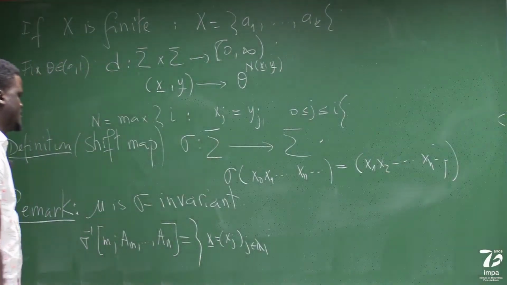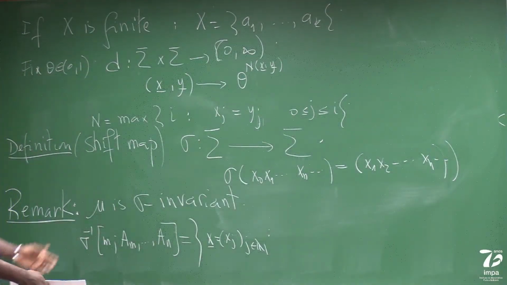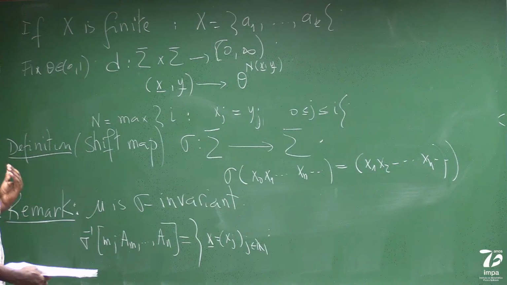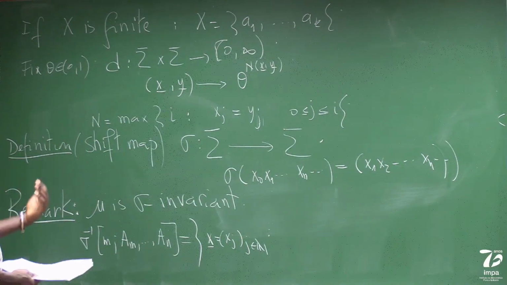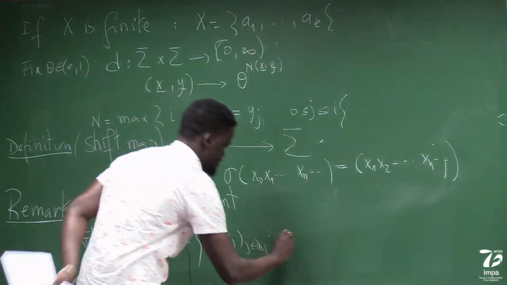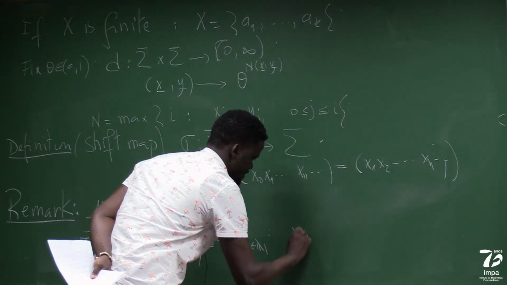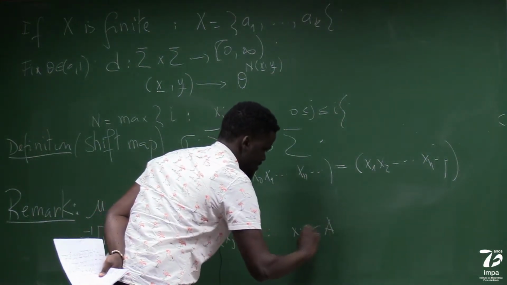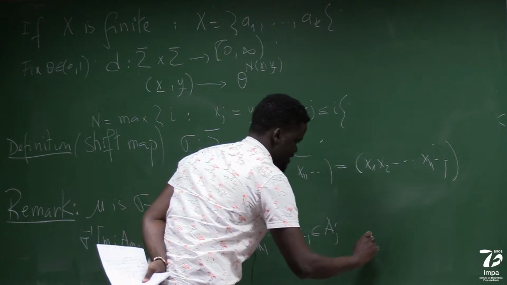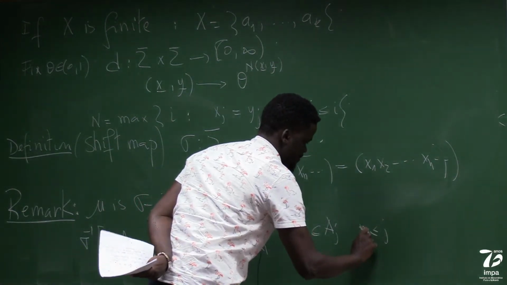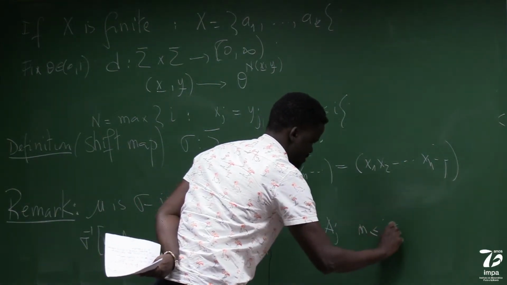What you have here is that the first component is something you don't fix, so it is xj plus 1 in Aj for j between m and n.